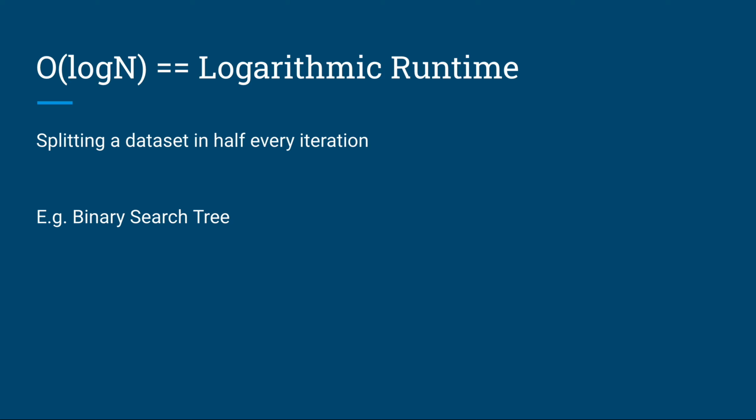So now I've got my dictionary from A to M, and I'm going to open it halfway again. And I get to G. And I say, okay, H is greater than G. I'm going to disregard A through G and just look at H through M. As you can see with this dictionary example, I am removing half of my data set every time I'm searching.